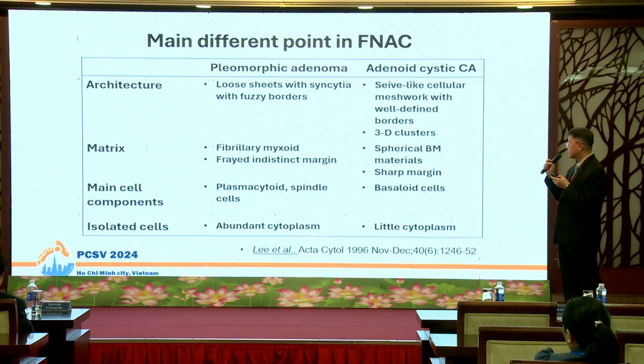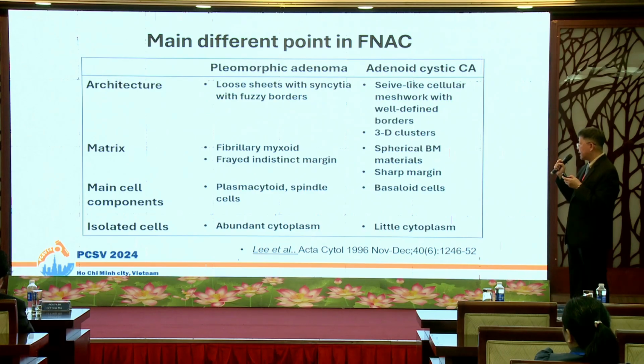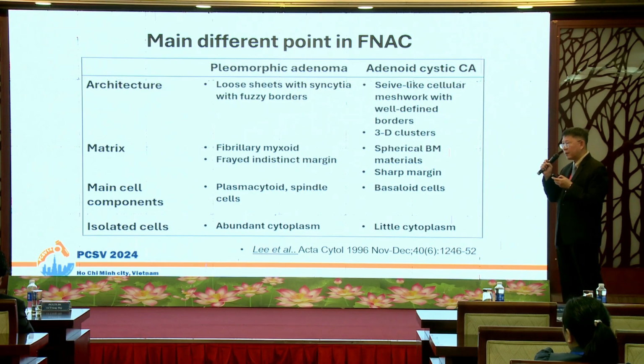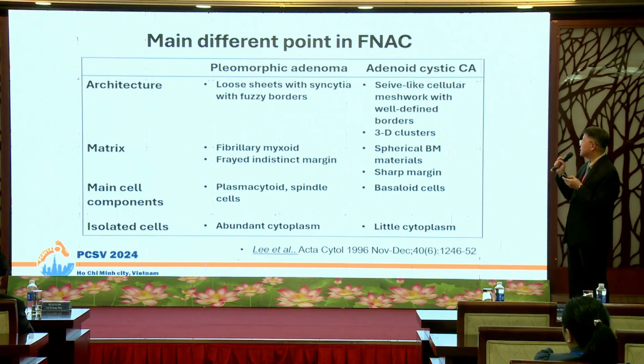For the cells, pleomorphic adenoma usually has a spindle cell or plasmacytoid appearance, while adenoid cystic carcinoma has a basaloid appearance. The cytoplasm of adenoid cystic carcinoma is very scant, while the cytoplasm of pleomorphic adenoma may be greater in amount.